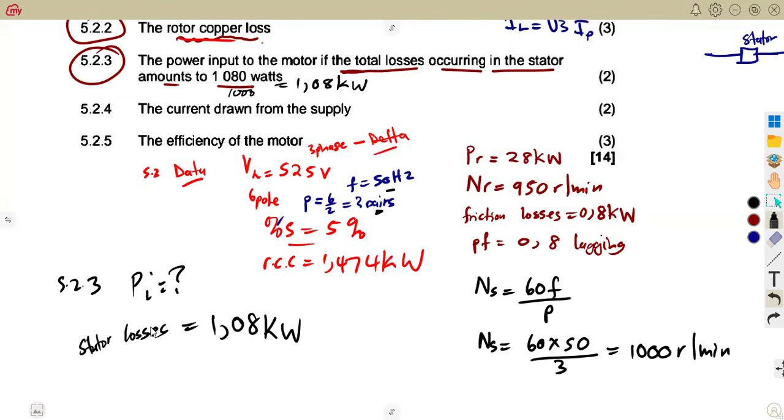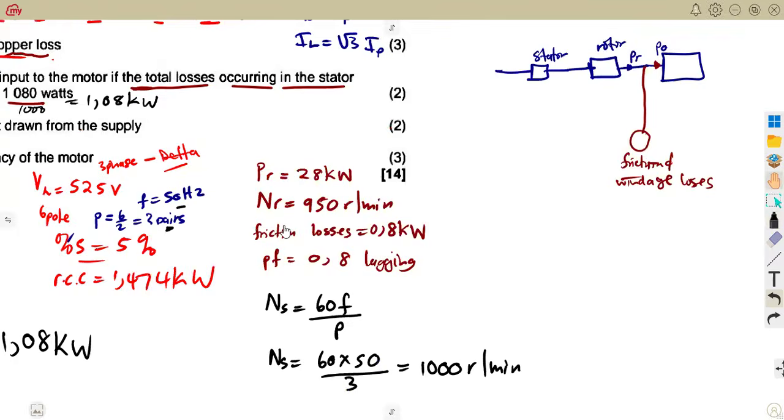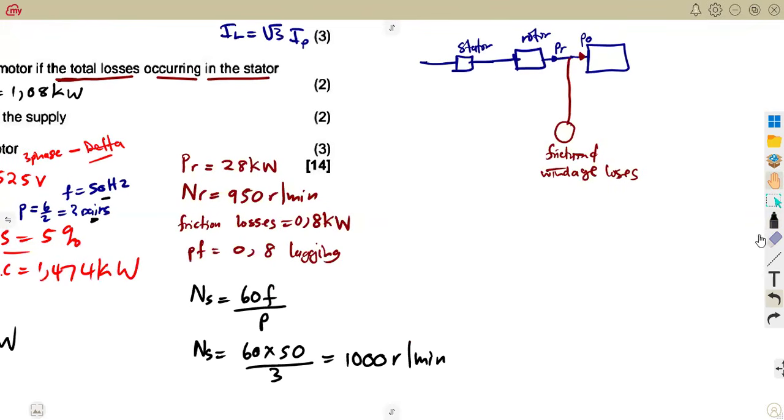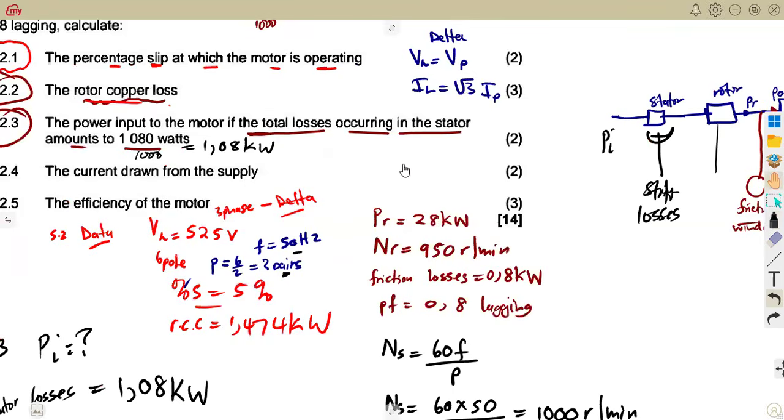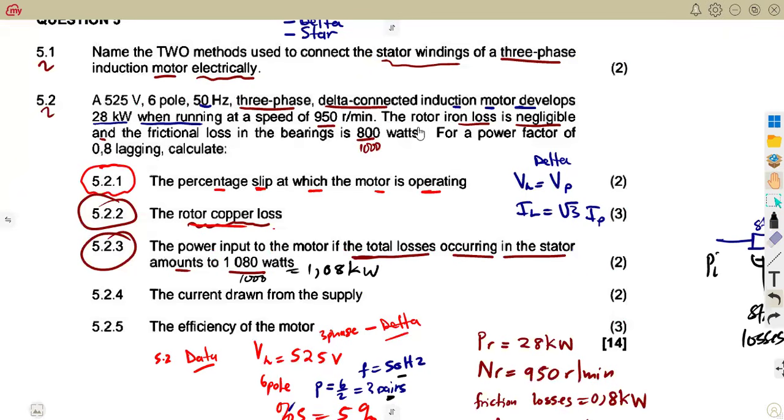What will be the input? It will be best for us to analyze this diagram, because the input is here. You enter the stator, where there are stator losses as we are given there. Then the rotor losses, which in this case we are told to neglect.